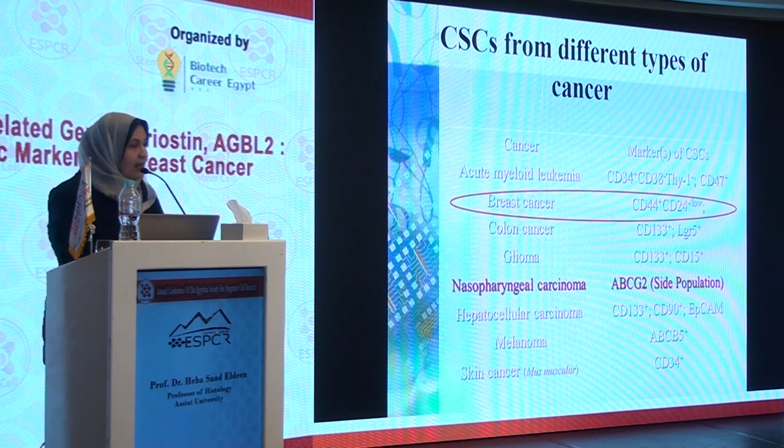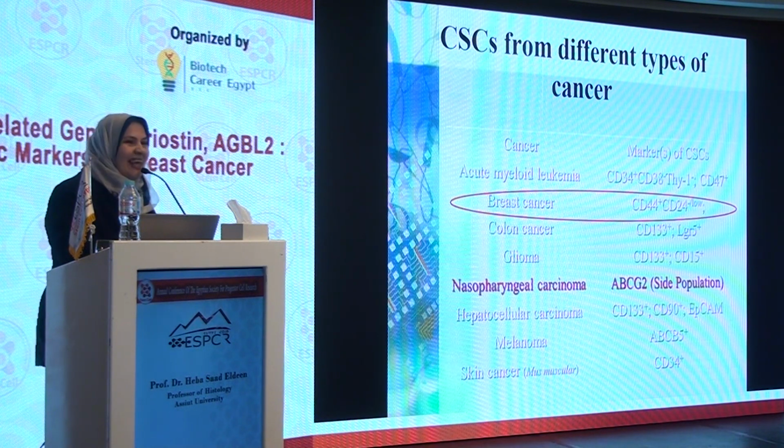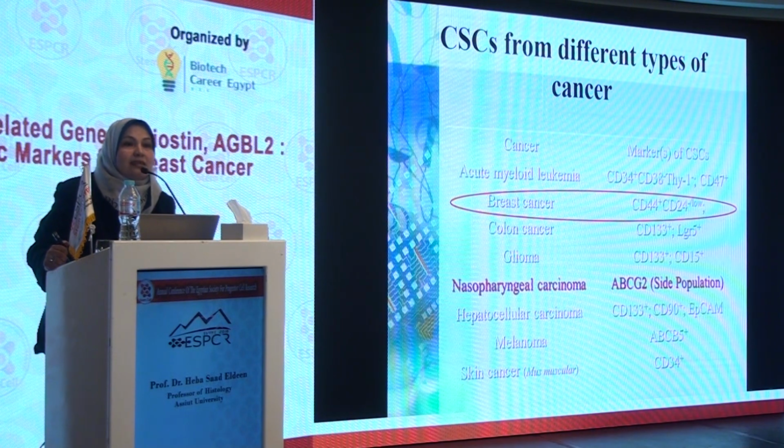My focus today is on breast cancer. So CD44 positive, CD24 negative cells. When I try to make sorting for these cells, we have to focus upon the group of cells that are CD44 positive, CD24 negative.